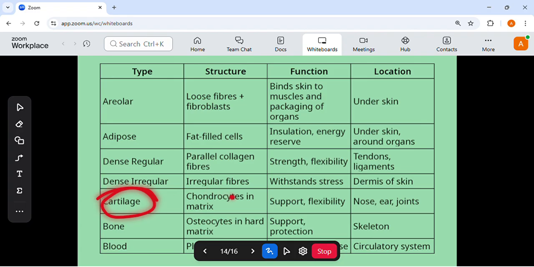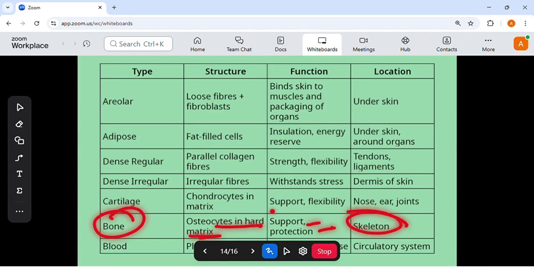Cartilage structure: chondrocyte is present in matrix. Function is to provide support and flexibility. Present in the tip of the nose, ear pinna, joints between adjacent vertebral column. Bone: osteocyte in hard matrix. Function is support and protection. It provides a framework to the body. Okay.